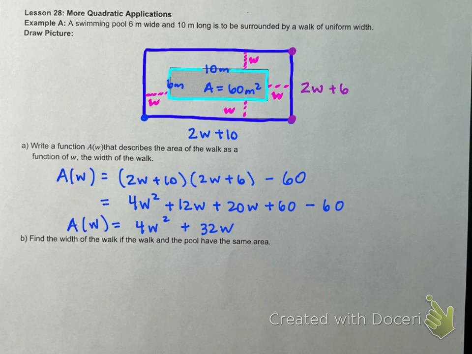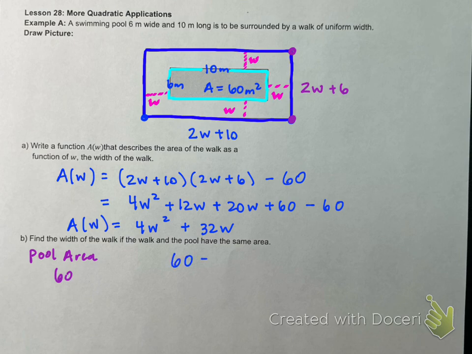Okay, so part B. It says find the width of the walkway if the walkway and the pool have the same area. Okay, well, we know the pool. The pool has an area of 60, and we know the area of the walkway is 4W squared plus 32W.